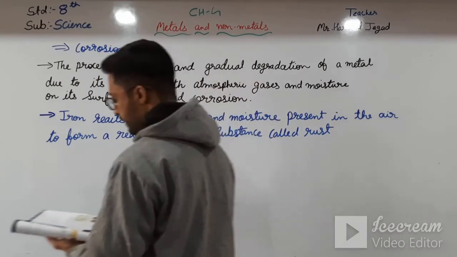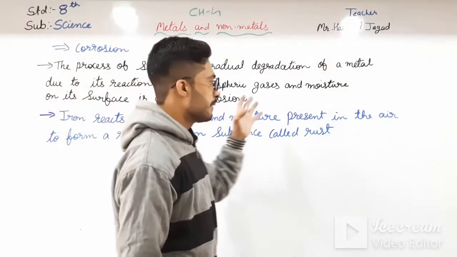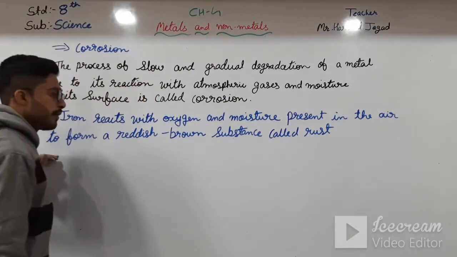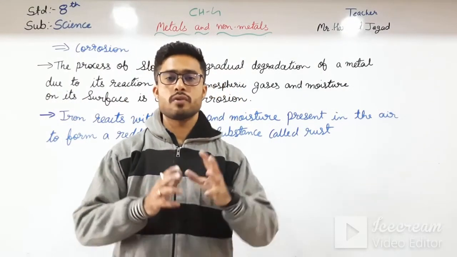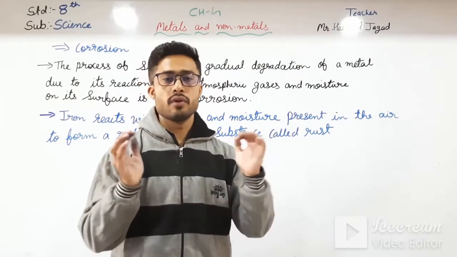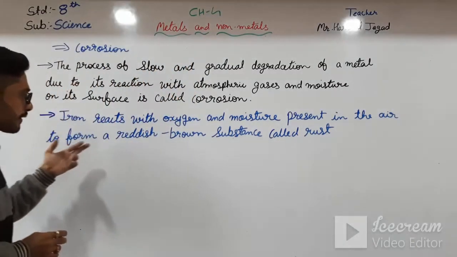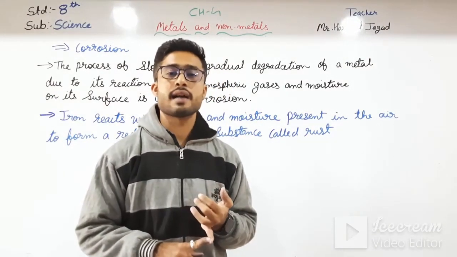So when iron reacts with the oxygen and the moisture present in the atmosphere, it forms a reddish brown substance called rust. We know that when the iron is open and both the oxygen and the moisture react with it, it forms a reddish brown substance called rust. In Gujarati that we told is kat.